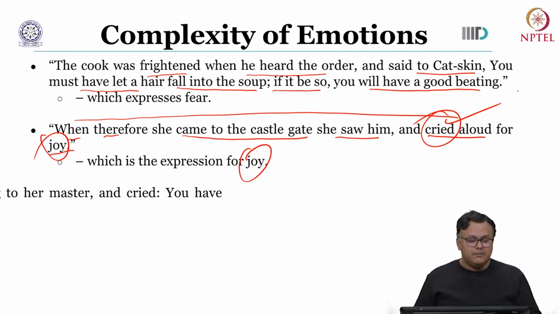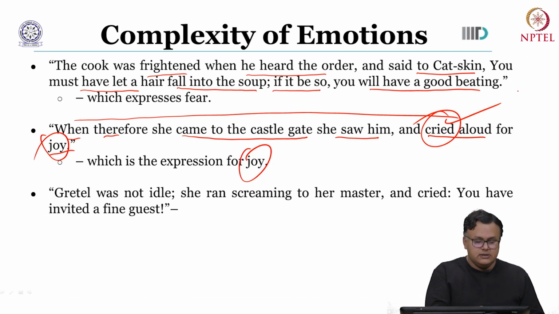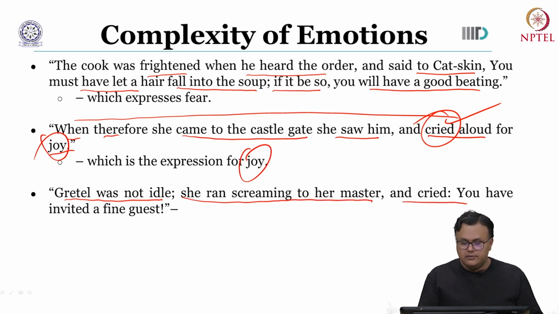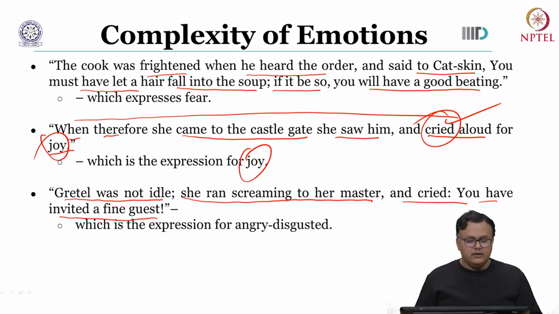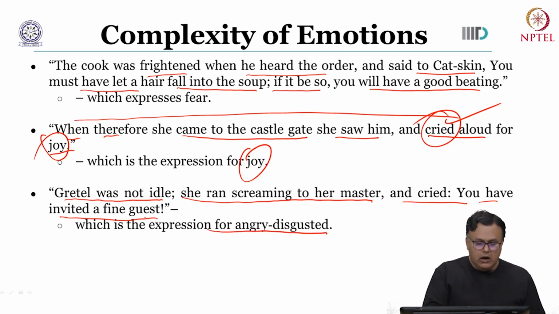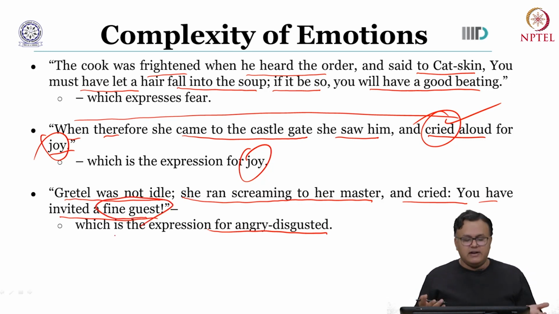Now let's look at another example, friends. The statement is, "Gretel was not idle. She ran screaming to her master and cried, 'You have invited a fine guest.'" Okay. Now if you look at the emotion, this is actually an expression of anger and disgust. However, notice towards the end of the statement, "You have invited a fine guest."